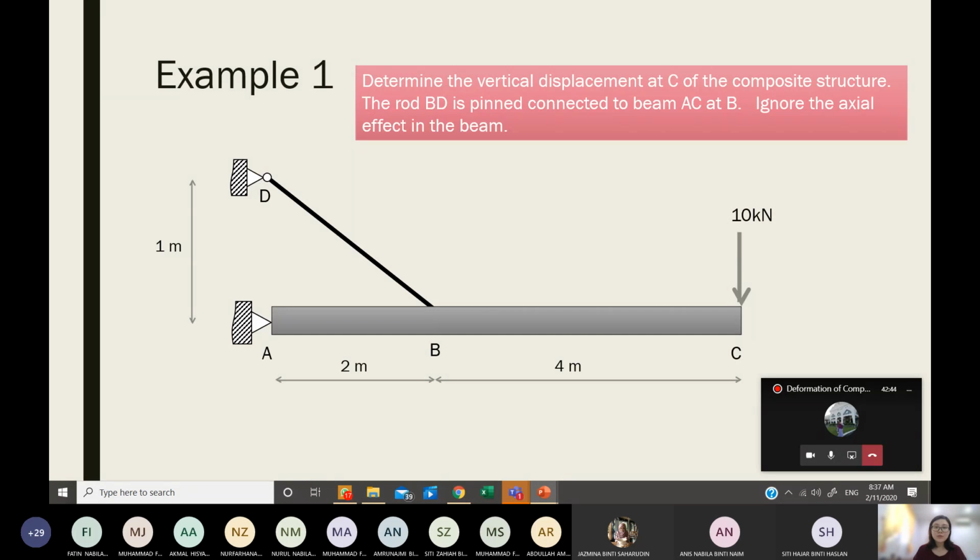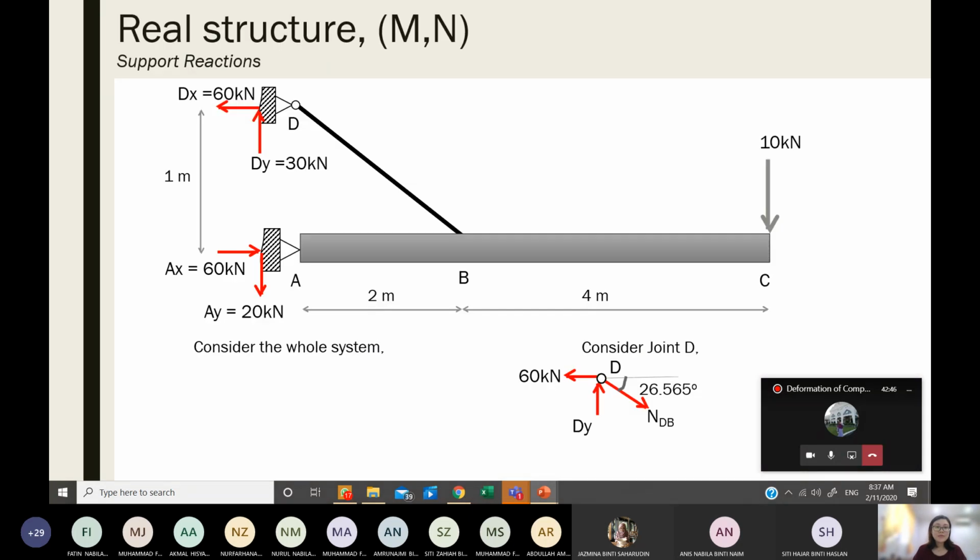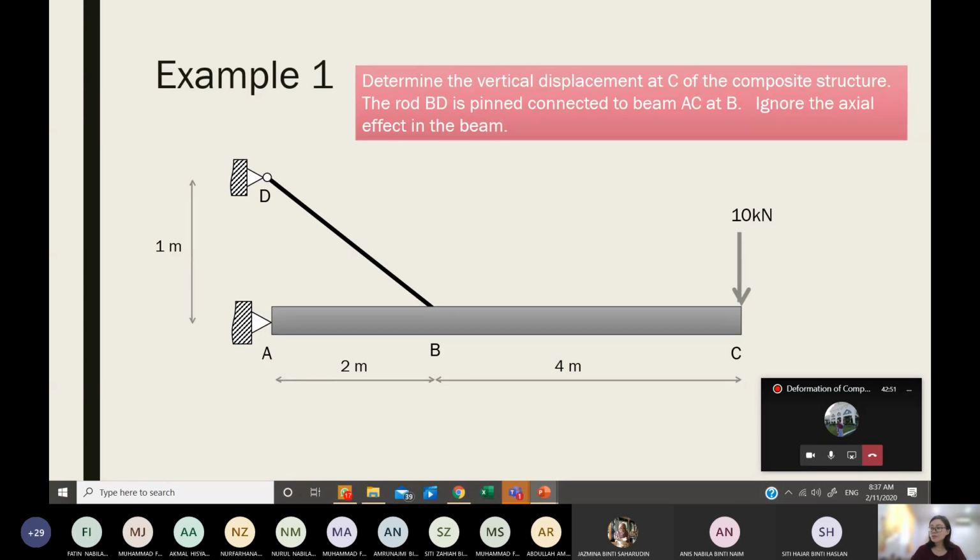So the concept, if you still remember our deflection: to determine the deflection for the truss structure, we use this NL over AE, plus any effect due to temperature or fabrication error.